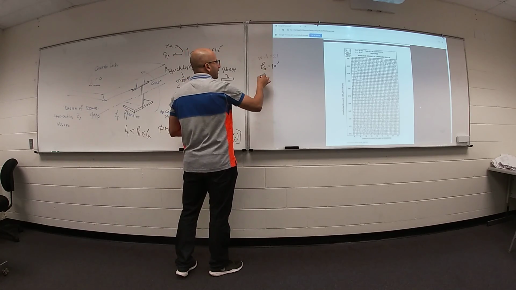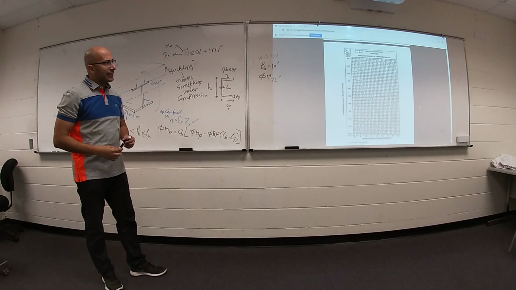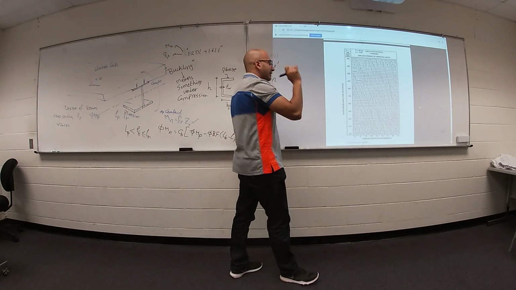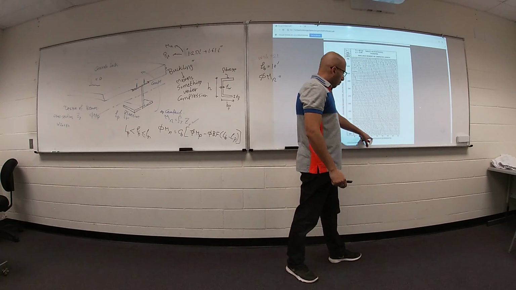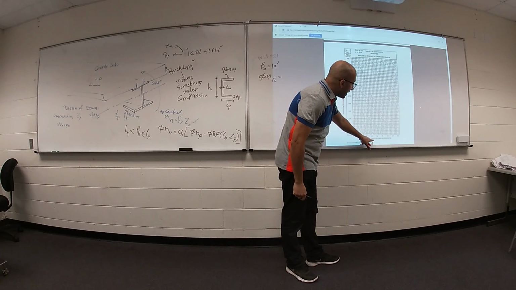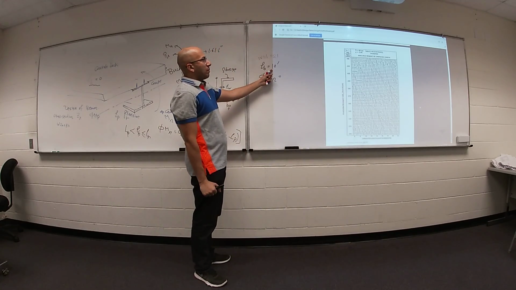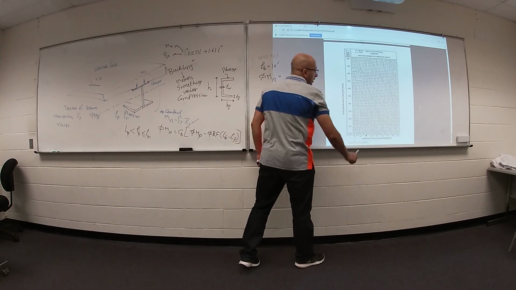What is the design moment or design bending strength for this beam? Only one step. This scale, what is your braced length and supported length of your compression flange? 10 feet. So we are here at 10 feet.